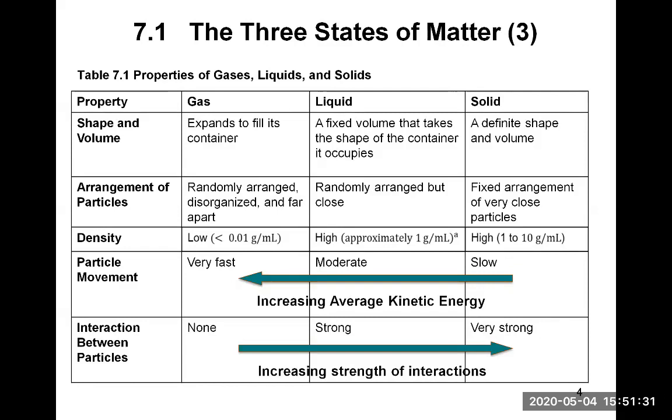But if you look at a solid, the movement of the particles is slow. It's even only vibrating around a fixed position. So you have to imagine those atoms that we saw packed together. They're vibrating, but they're staying in their ordered lattice or network. So they move around that fixed position. So that's why solids keep their shape. And that slow movement means they have a low kinetic energy, right? Kinetic energy is energy of movement.